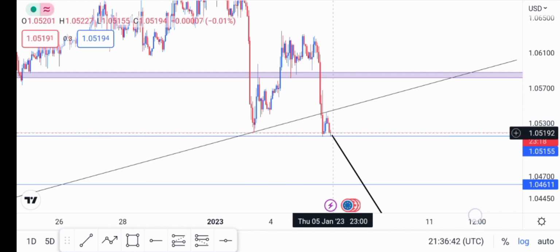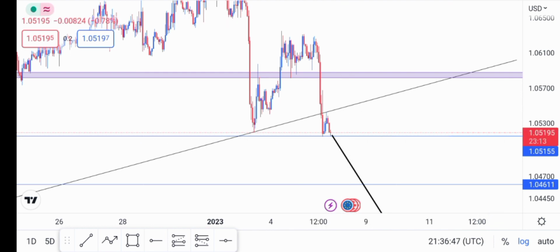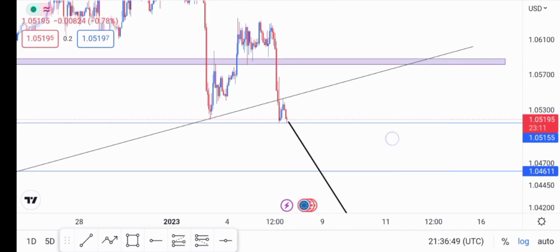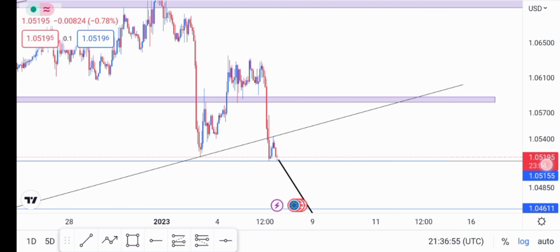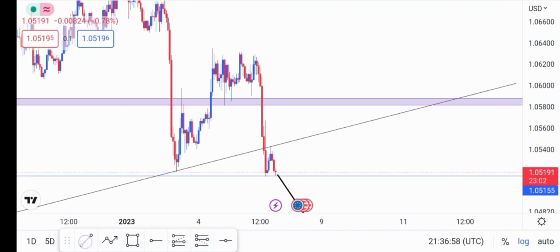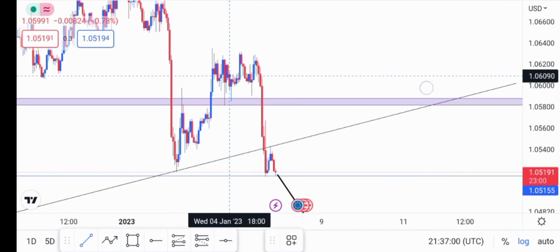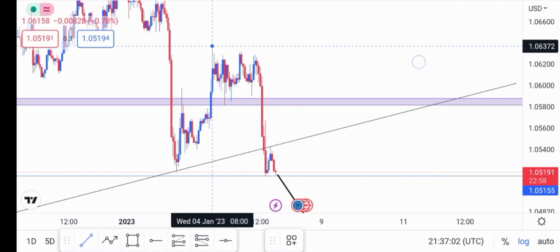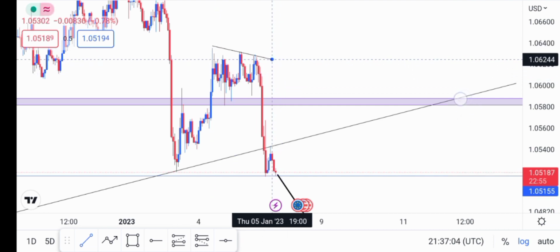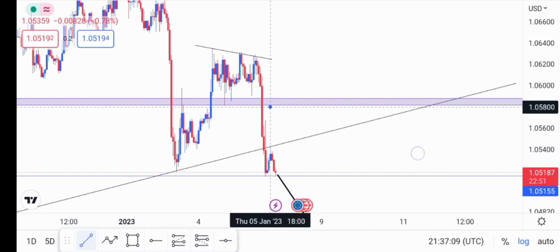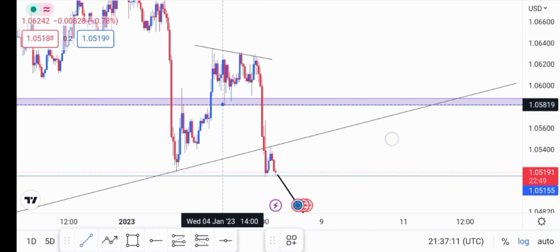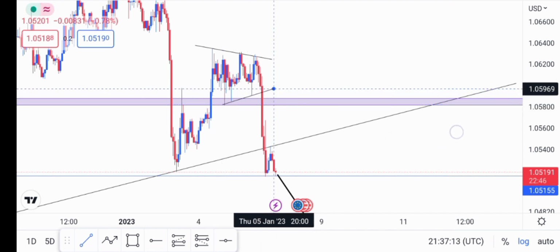The moment you close below this line over here of 1.05155, then I could say we are pushing to the lower side, because if you look closely here, we had a beautiful triangle, and we did just break out of it, so pushing to the lower side.